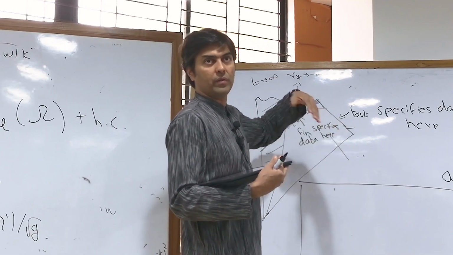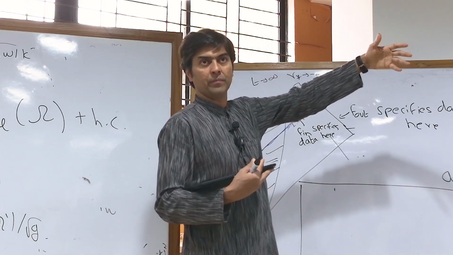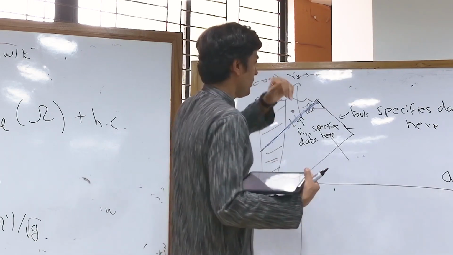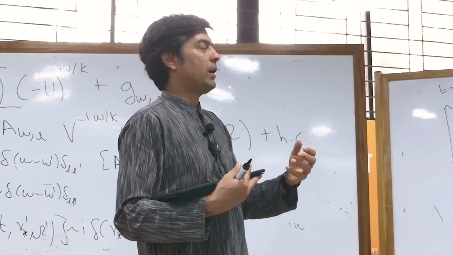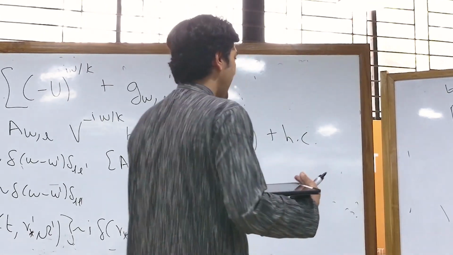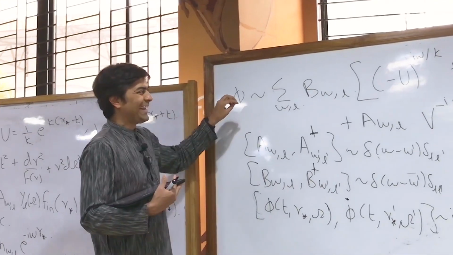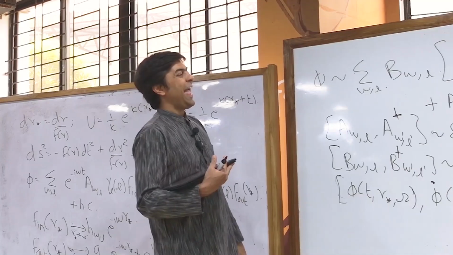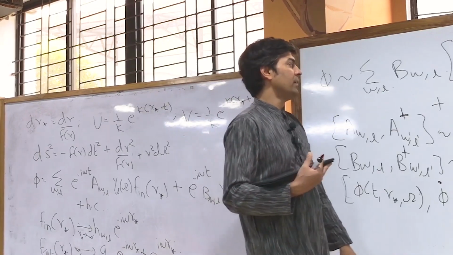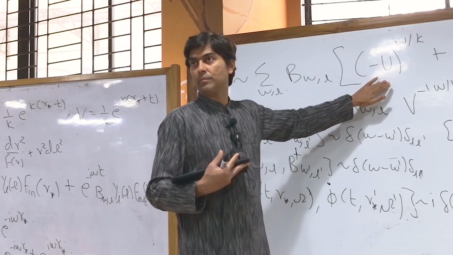It tells you what is the component of the outgoing radiation. So, if I compute the 2-point function of the b's, then that will tell you how much radiation is going out. And the 2-point function of the b's can be computed by taking this field expansion near the horizon and somehow extracting the part that depends only on u.